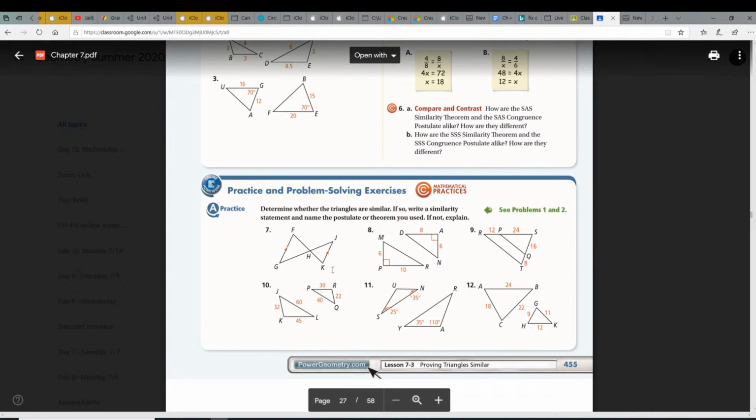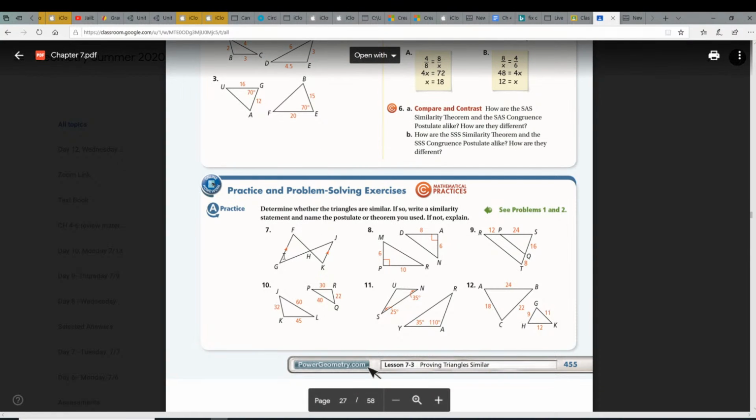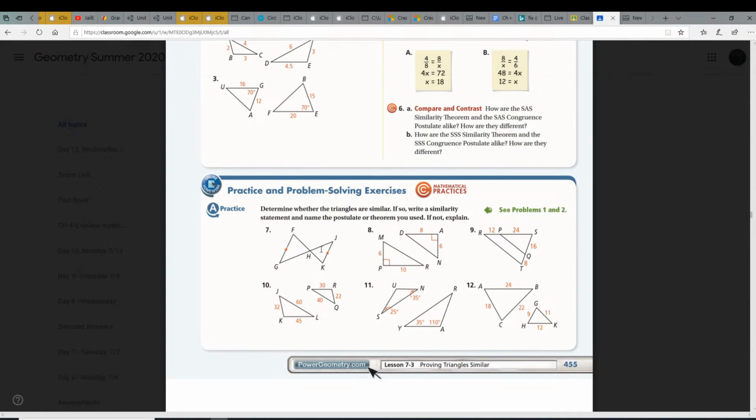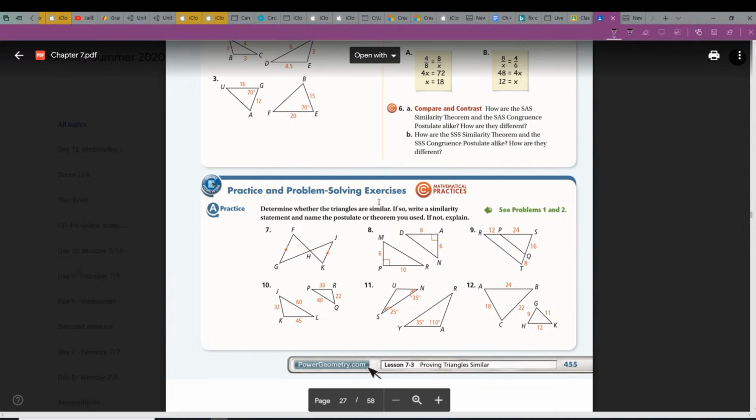They are similar. Now the similarity statement is basically saying what statement shows that these are similar, right? So our similarity statement would be triangle FGH. I'll actually write it out here.